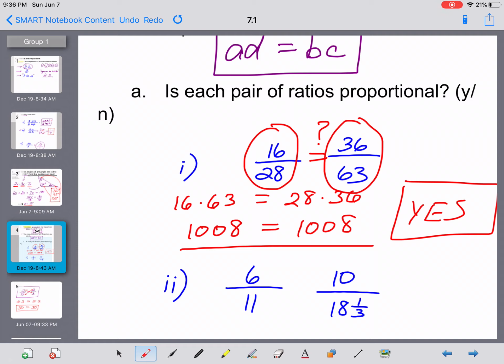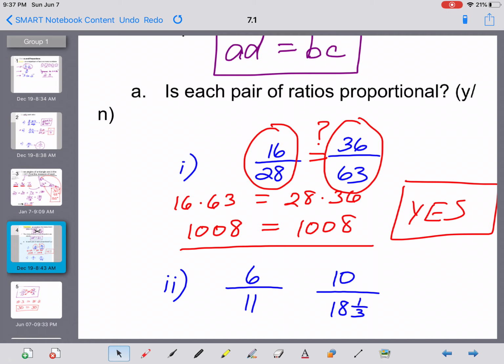Well, the fact that these two ratios are proportional, their cross products are equal, says that both of you actually shot the exact same percentage there. That's 16 divided by 28 ends up being about 57.14%, and that's true in both of those cases there. Okay, so that was example 1, and let's take a look at what's going on in example 2.